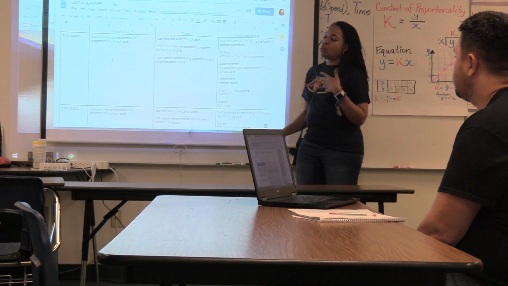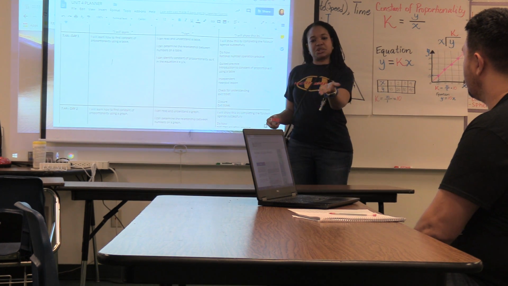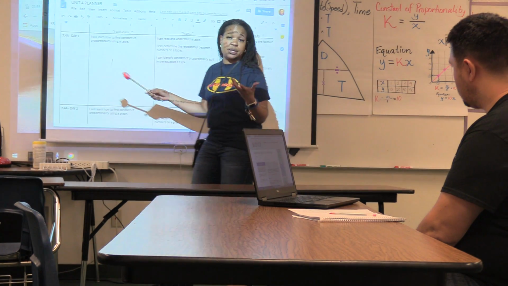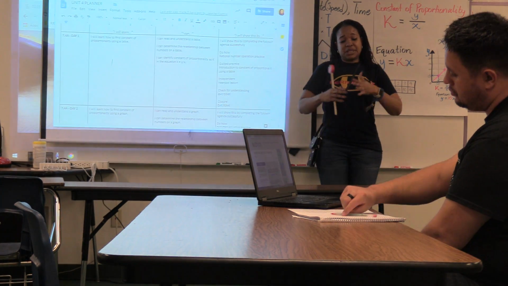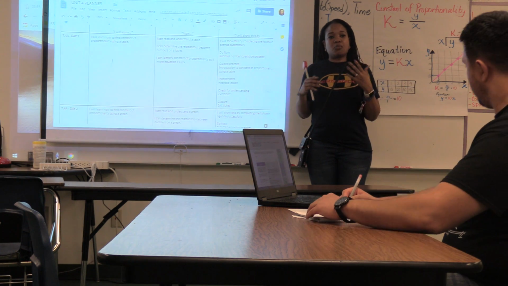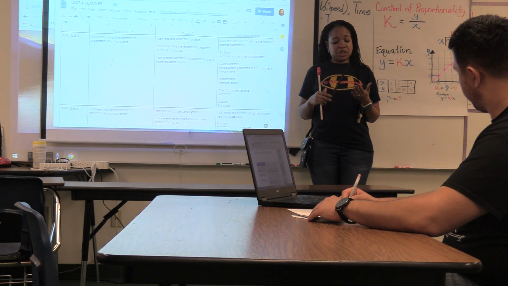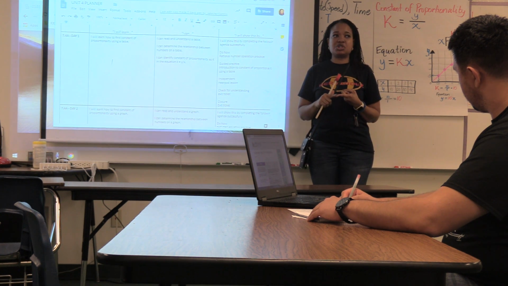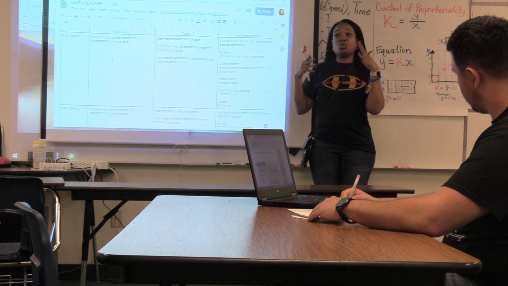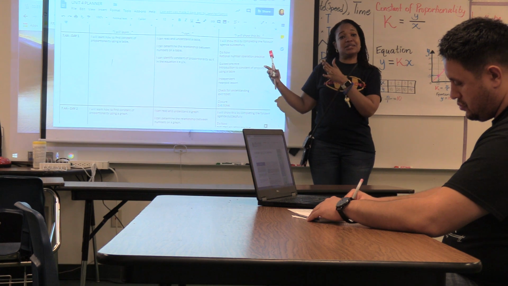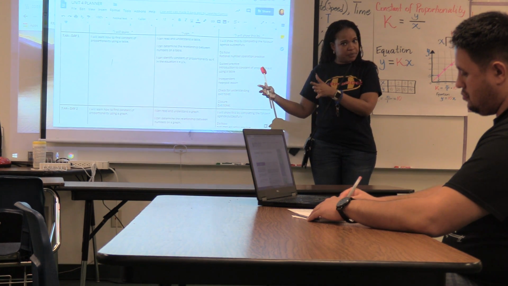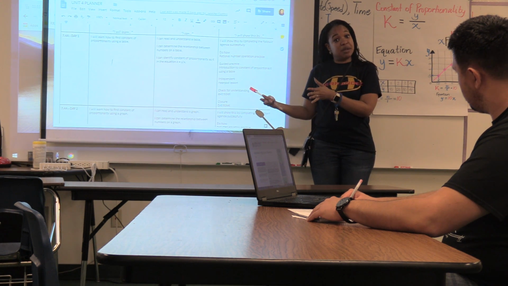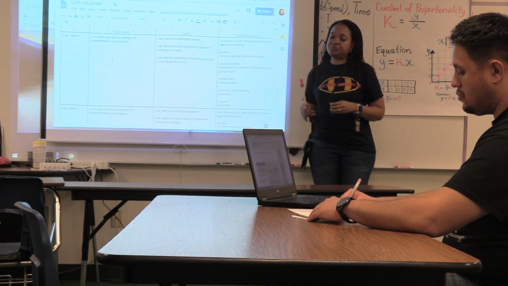All right, so when we're representing constant rate of change, just like you mentioned with that TEK, the TEK is 7.4a, and the TEK is pretty broad. We are representing the constant rate of change several different ways. We would teach the students to look at the data in table form, tabular form, and be able to find the constant rate of change from a table.